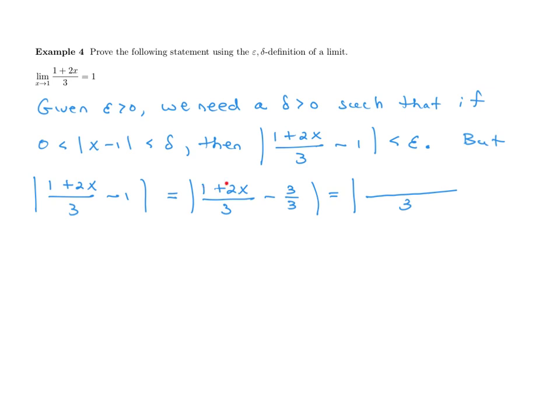I have 1 minus 3, which is negative 2, and a plus 2x. Now I see I can factor out a 2 from both terms in the numerator. In fact, you can factor out a negative 2, and that's what I'll do next.